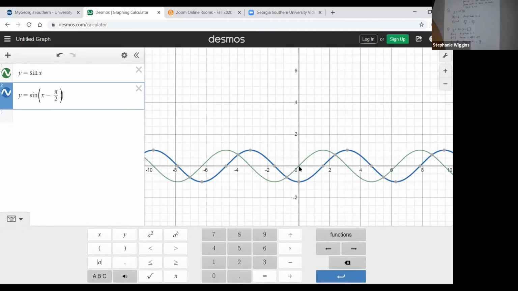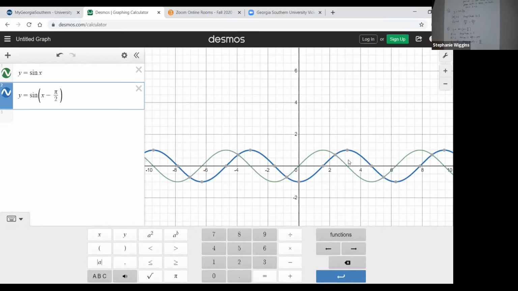So now, instead of the function being 0 at 0, it's now 0 at pi over 2. The original function at pi over 2 was 1. Well, now if I go a distance of pi over 2 over, the blue function is at pi is equal to 1. So everything gets shifted to the right by pi over 2 units.